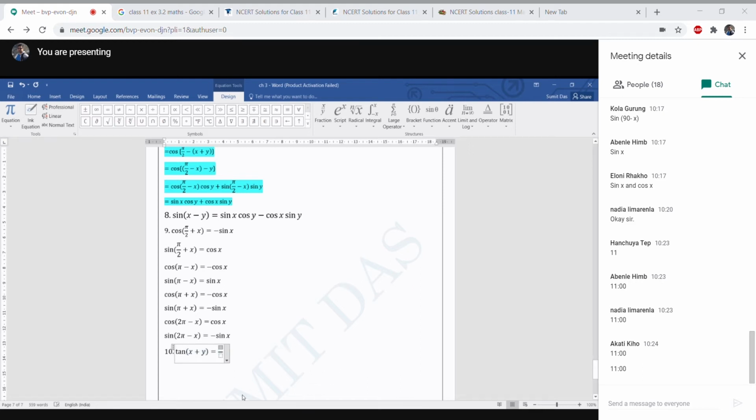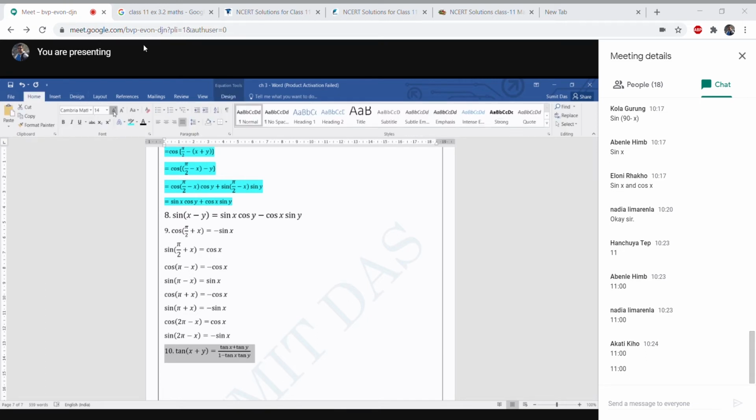It will be tan x plus tan y divided by 1 minus tan x into tan y. Okay, this is our formula. Tan x plus y equals tan x plus tan y divided by 1 minus tan x tan y.